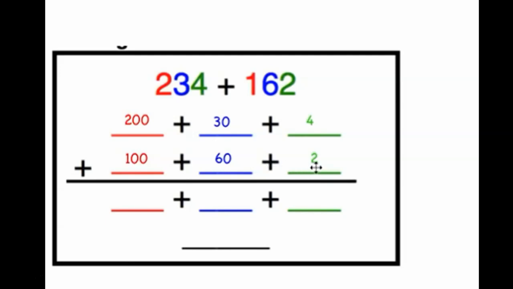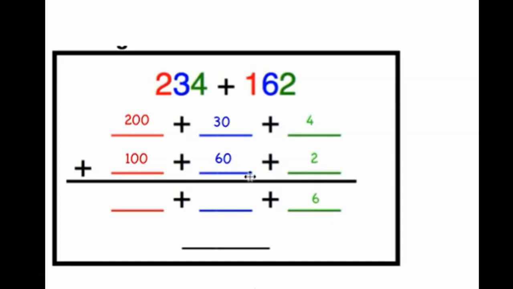So here we have just pulled apart our numbers based on the place value of each digit. So now we have our hundreds, our tens, and our ones. So now we're just going to add the ones together, and then the tens together, and then the hundreds together. So 4 plus 2 equals 6.